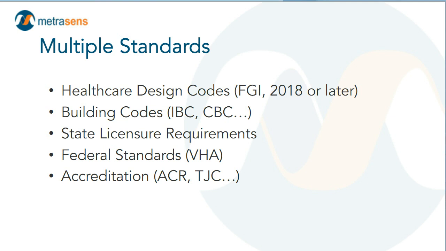We also have federal standards if you are a federal facility. The VHA, Veterans Health Administration, has its own standards for radiology and MRI suite design and construction. Plus, whoever the accrediting organization is, Joint Commission, DNV, ACR, there are going to be compliance standards built into the accreditation regime that pertain to the physical environment. So we have to comply with those as well.